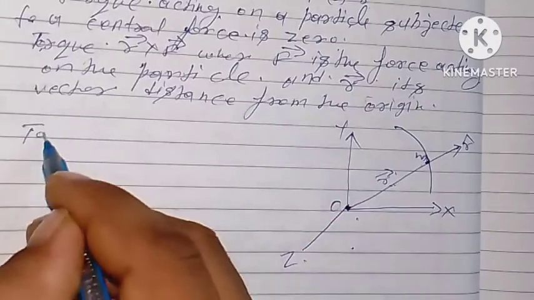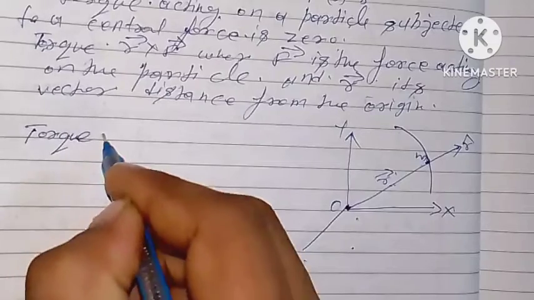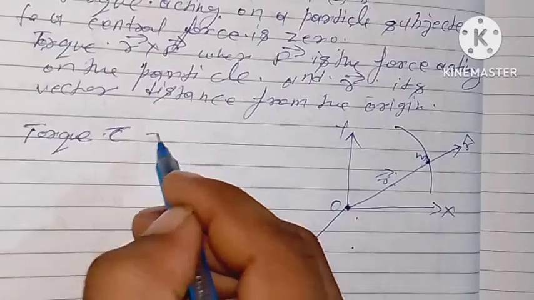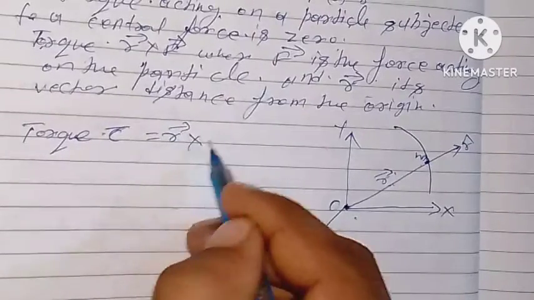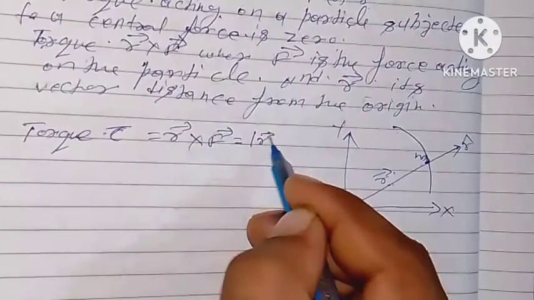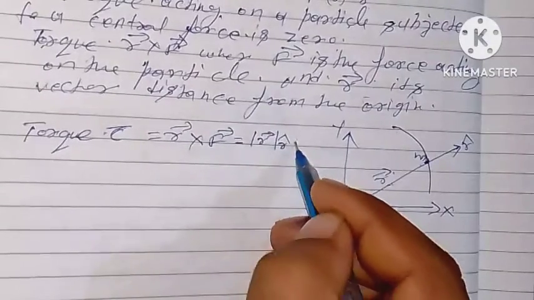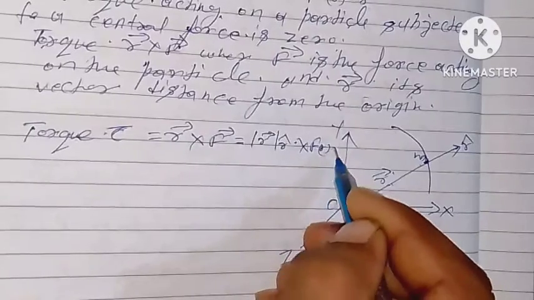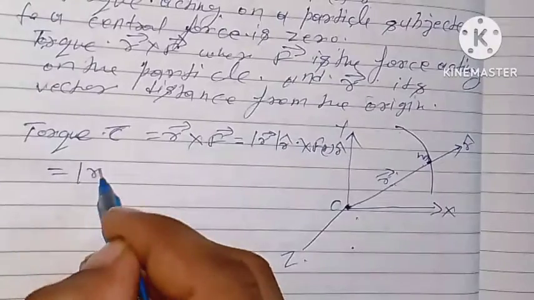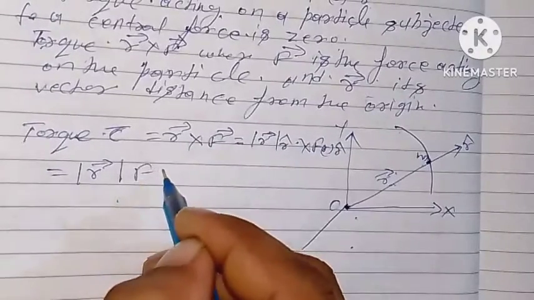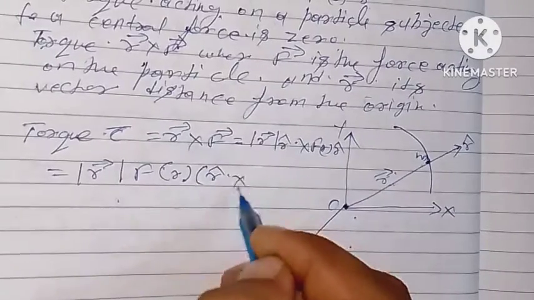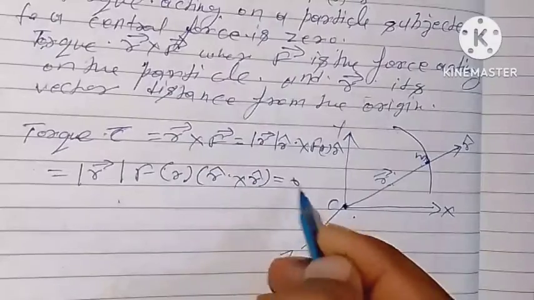Then torque tau equals vector r cross vector F, equals mod of vector r times unit vector r cross F(r) unit vector r. Then the value is mod of vector r F(r) times unit vector r cross unit vector r, equal to 0.